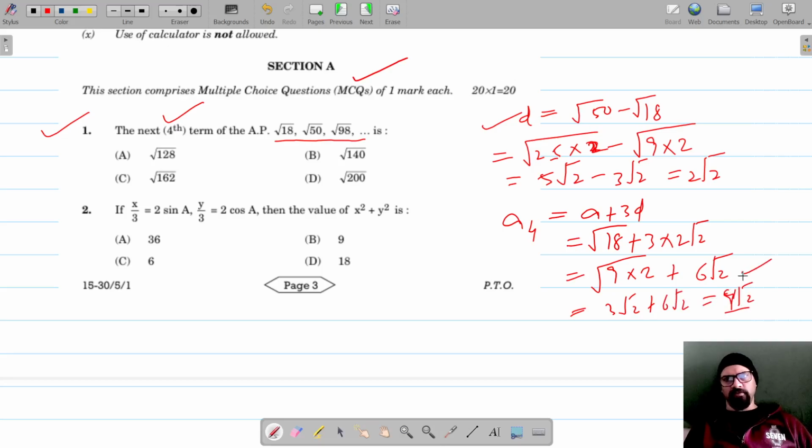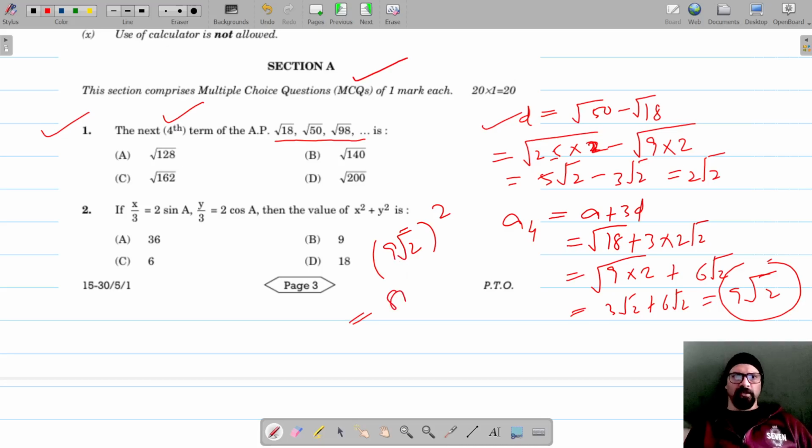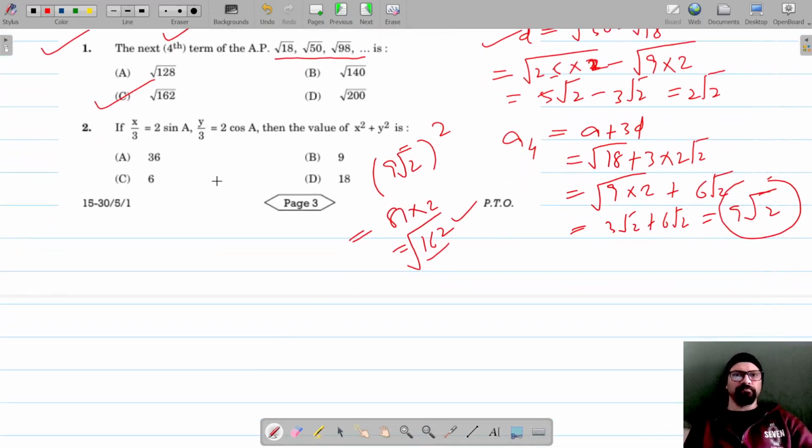So 9 root 2 is the fourth term, but that's not our option here. So what we are going to do, we are going to square this because all these terms are in square root. So let's find out the square of this. The square of this is 81 into 2, which is equal to 162. So that means 9 root 2 is the square root of 162. So our option is option C.